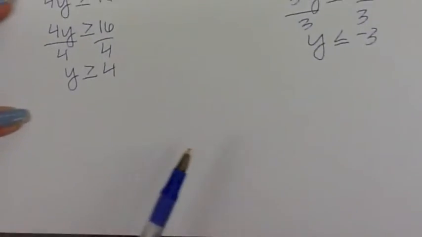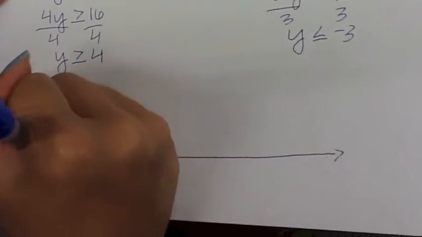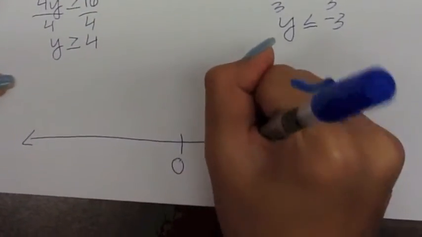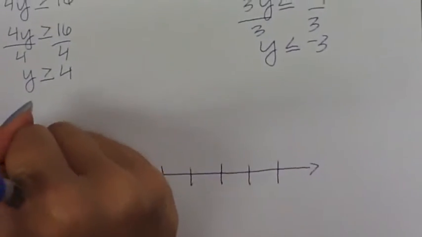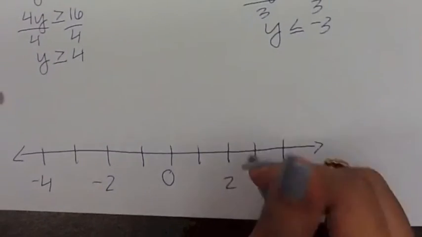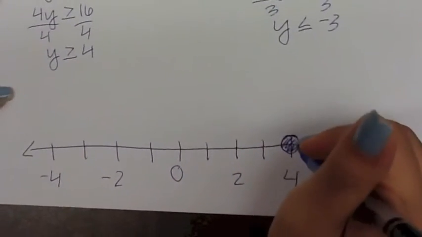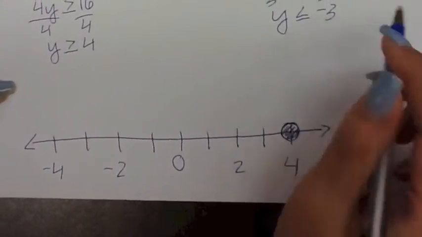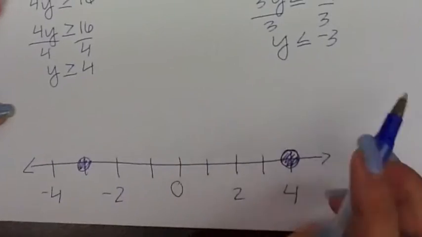So now you're left with y is greater than or equal to 4 and y is less than or equal to negative 3. So to begin with, positive 4, you would color that in because it is including 4, and negative 3, you would color that in as well because it is including negative 3.